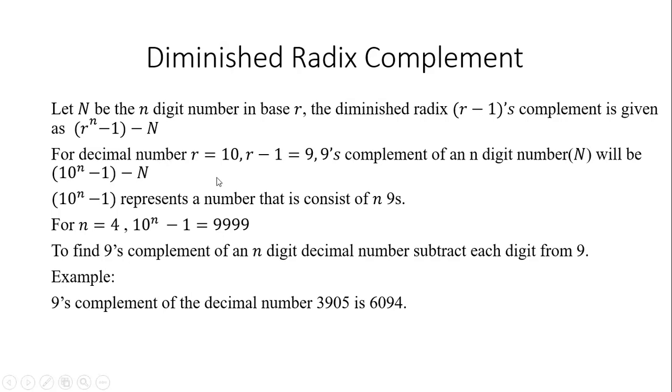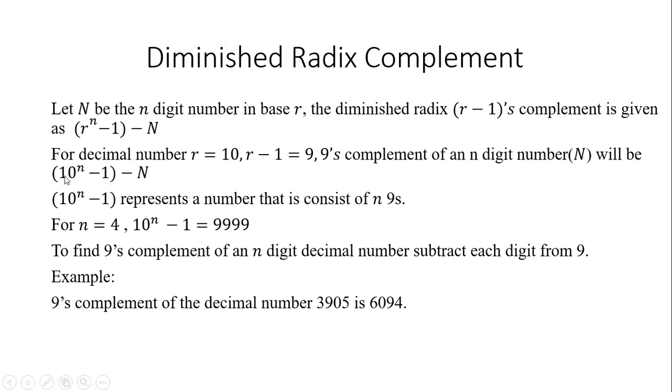For a decimal number, R is equal to 10 and R minus 1 is 9. So the 9's complement of an n-digit decimal number will be 10 raised to power n minus 1 minus N, the number.